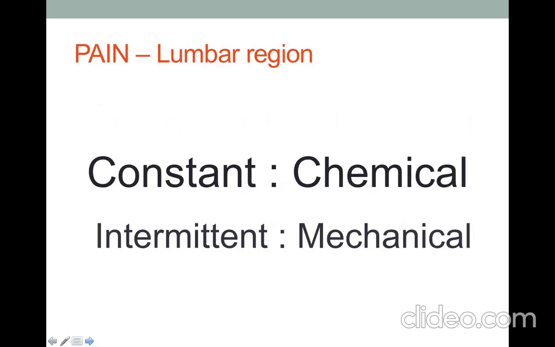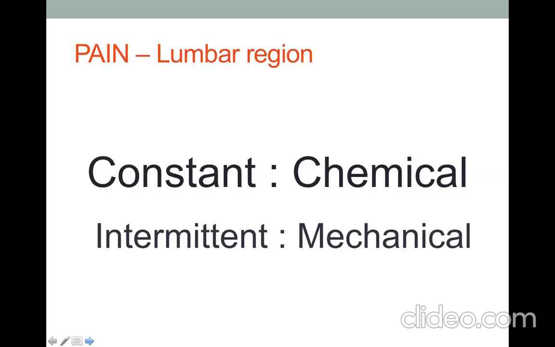It could be because of the chemical hormonal release, because of the constant irritation of the connective tissue. So if a patient is coming to you and telling you that there is a constant pain throughout the day, it is clear there is a chance of having some kind of infection in the lumbosacral joint. That chemical release is constantly making them aware of the pain.